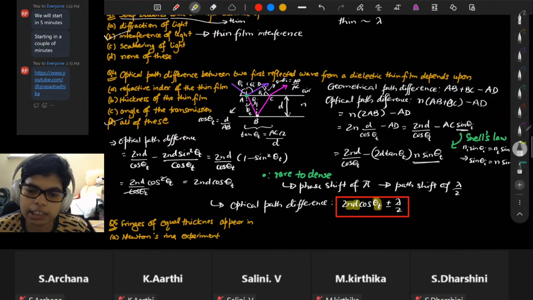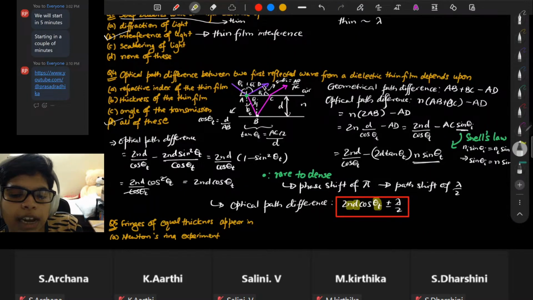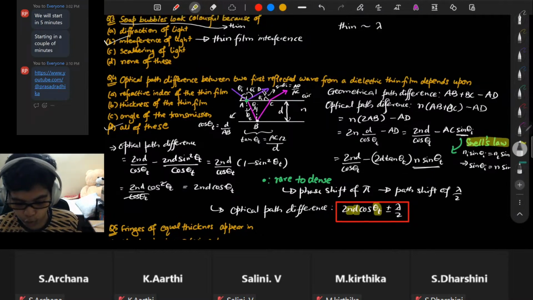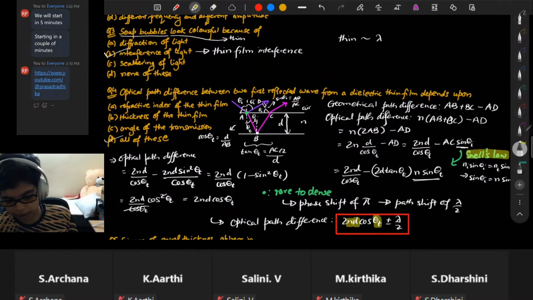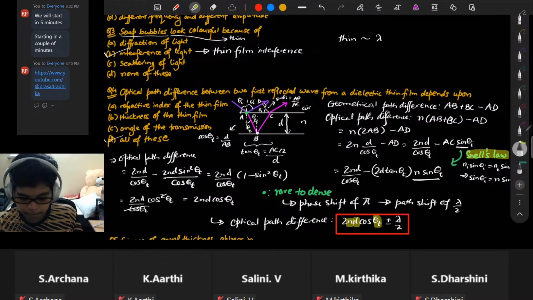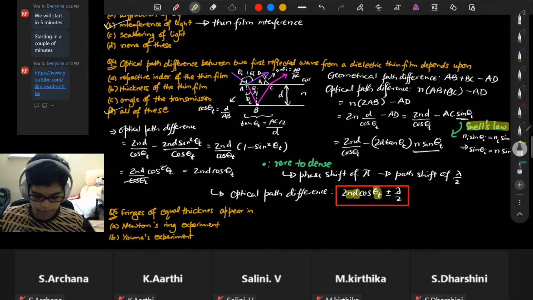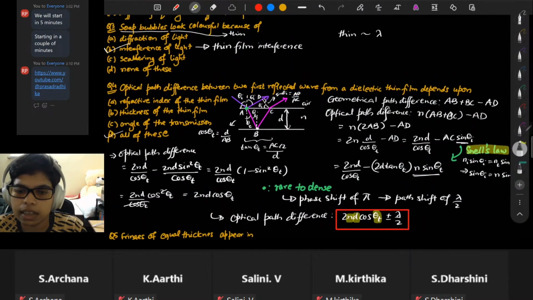The angle of transmission theta t will in turn depend on the angle of incidence theta i from Snell's law. So all these three parameters, refractive index of the thin film, thickness of the thin film, and angle of transmission, will play a role in determining the optical path difference. So that's why the correct option is all of these.